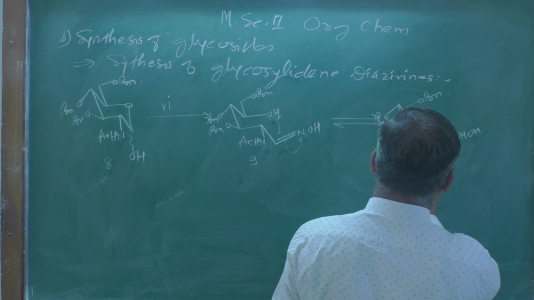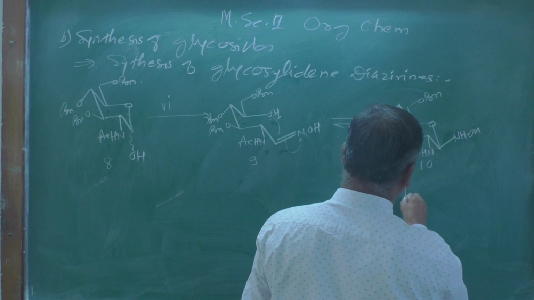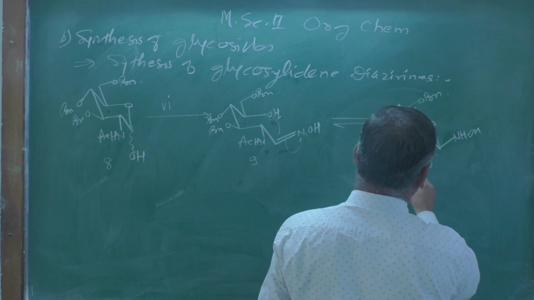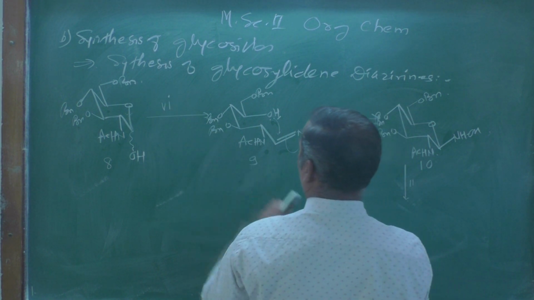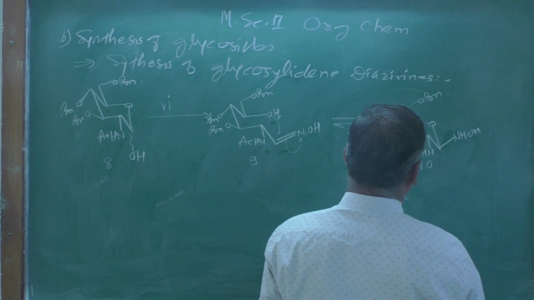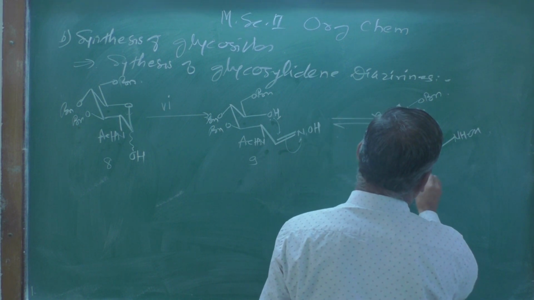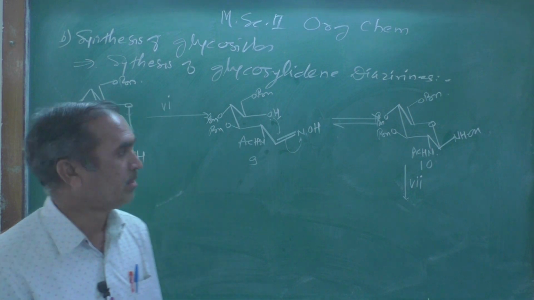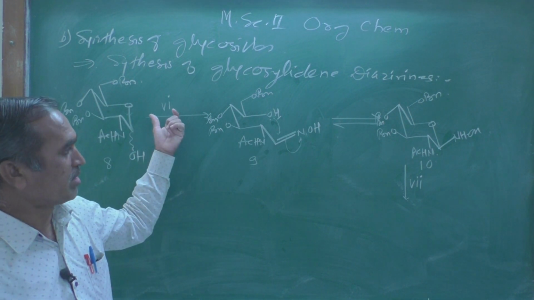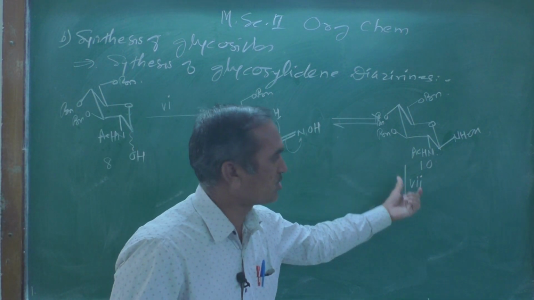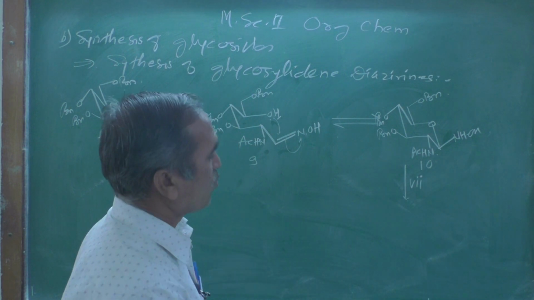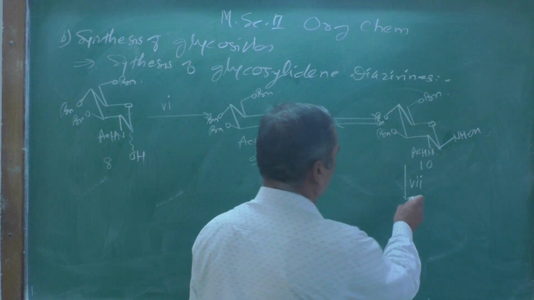Now structure number 10 is further treated with a reagent. What is that? Reagent number 6. Now there is reagent number 7 over here. See, this is reagent number 6. Now I am adding reagent number 7. What am I going to get over here?